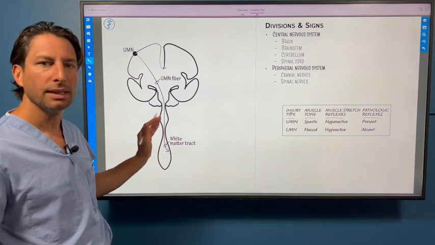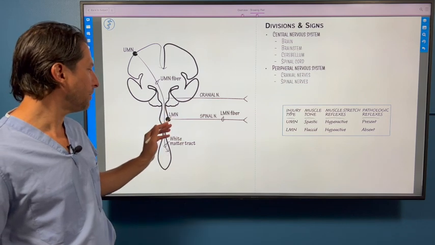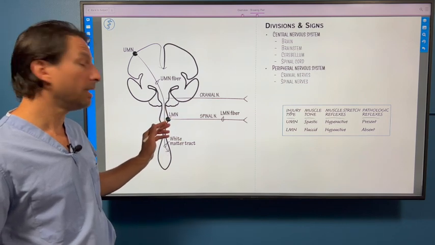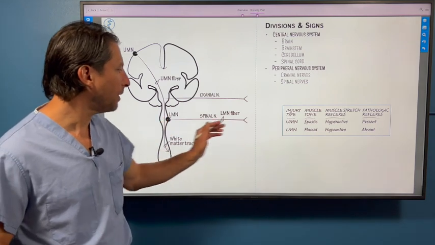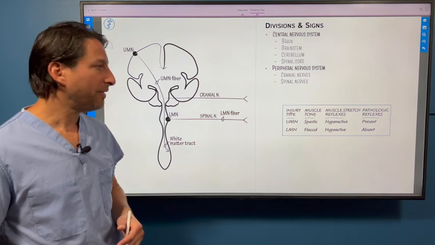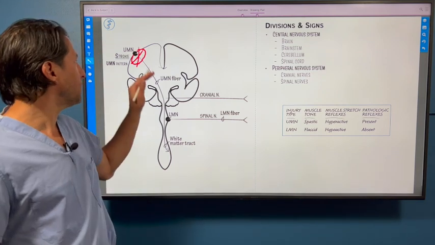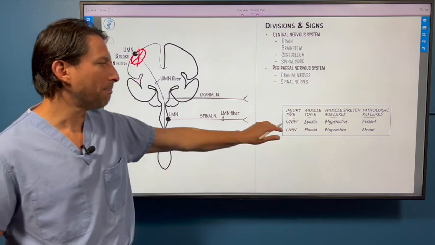Coming down here, we can see within the spinal cord. Then, for the peripheral nervous system, the neuron starts here, for instance, in the spinal cord, and then the fiber emanates out peripherally. So how this manifests in injury, for instance in stroke, there's an upper motor neuron pattern.